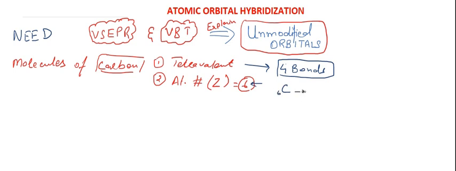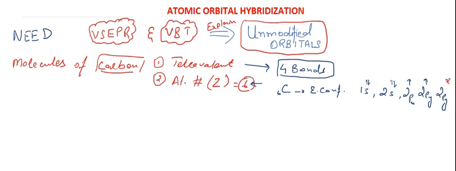Let me write its electronic configuration. Carbon has 2 electrons in its first shell, 1s, and 2 electrons in 2s, and similarly 1 electron in 2p x and 1 electron in 2p y, while 2p z is empty.